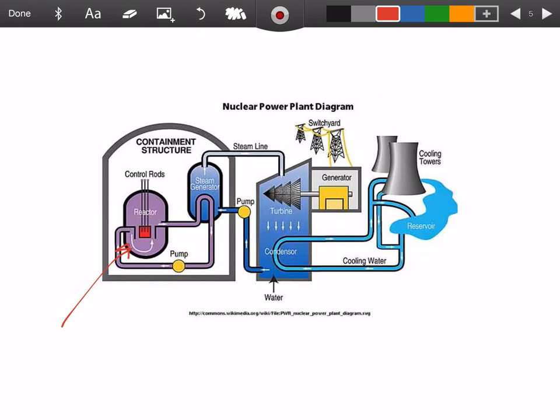The hot liquid that gets condensed from the steam is going to have to be cooled down a little bit, and so we send cooling water from the reservoir and the cooling towers into that liquid, and that liquid then gets pumped back into the steam generator, which can then be heated up again, and so on and so forth. So that's the idea behind how a nuclear power plant is going to work.